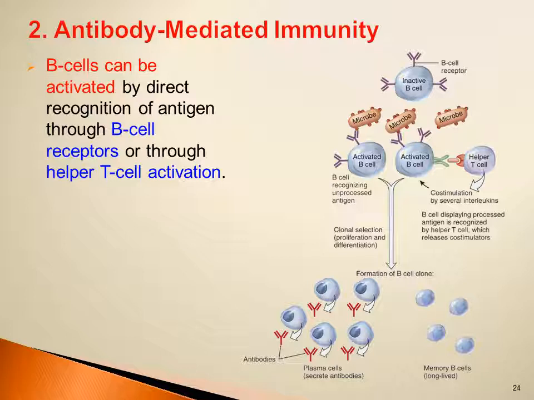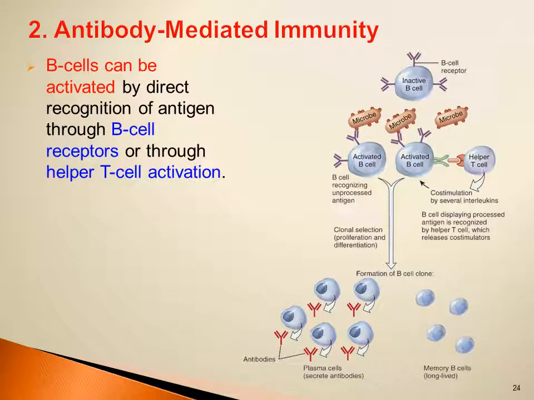So here we can see an inactive B cell with B cell receptors on the surface. They can be activated by direct recognition of the antigen on the surface of the microbe or through the co-stimulation of the helper T cell using several interleukins.